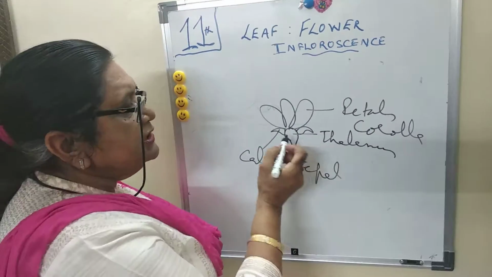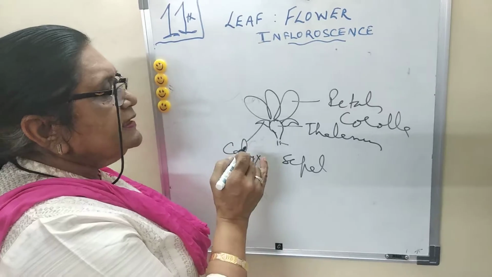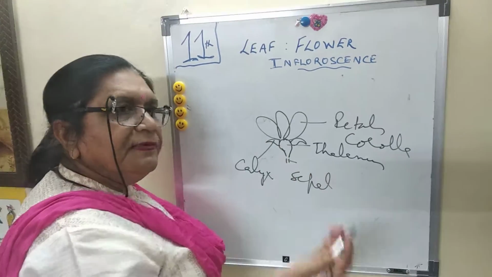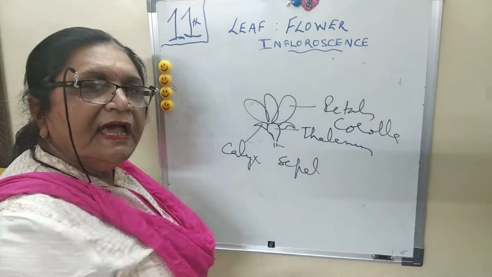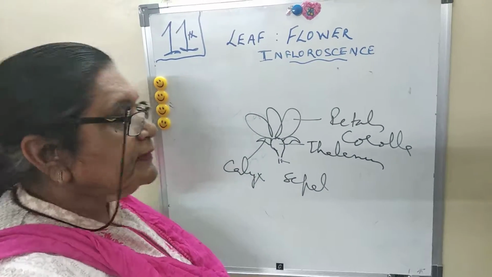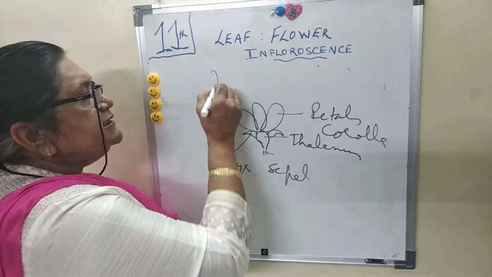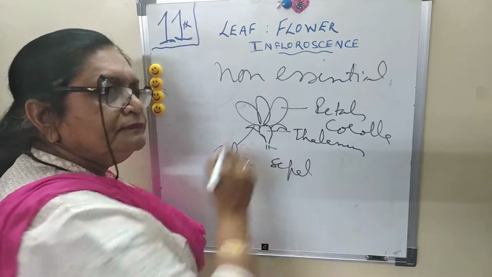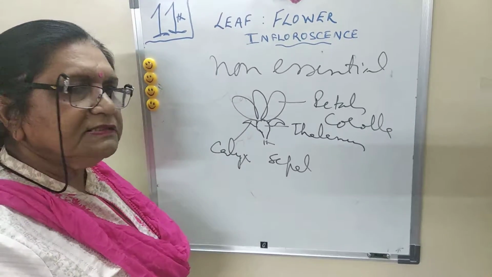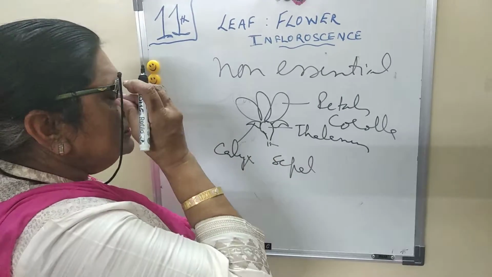But the common structure, calyx or green structure, helps protect the flower during bud condition. Corolla or petals help in pollination, right? And these two are considered non-essential parts because they don't take part in sexual reproduction.